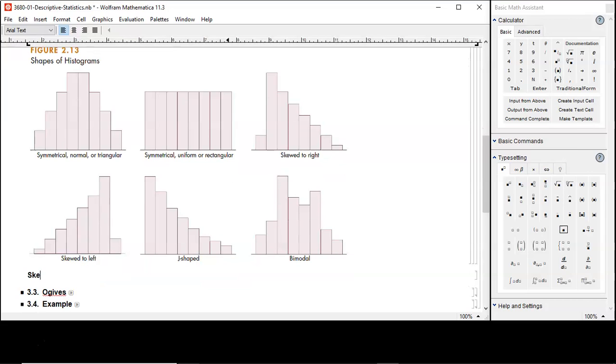Skewed to left or right means stretched to that side, so that's something to remember. Stretch, stretch.